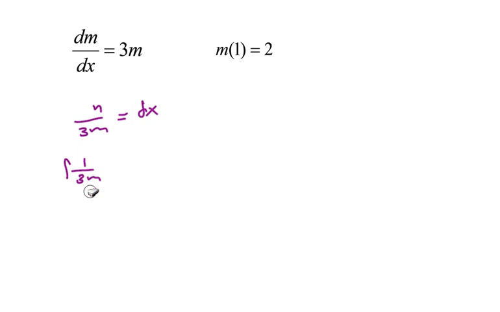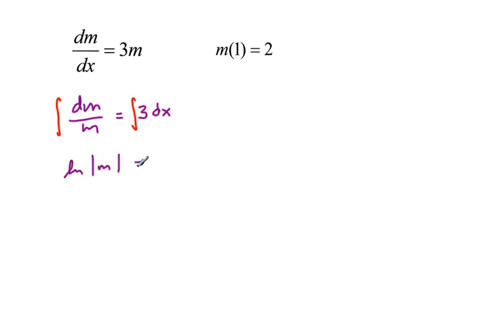So I want to show you a way to avoid it being that hard, and that is to actually just do dm over m equals 3 dx. Now what's nice about this is we know that antiderivative and there's no u substitution involved there. And so I simply get the natural log of m equals, and on this side, 3x plus c.